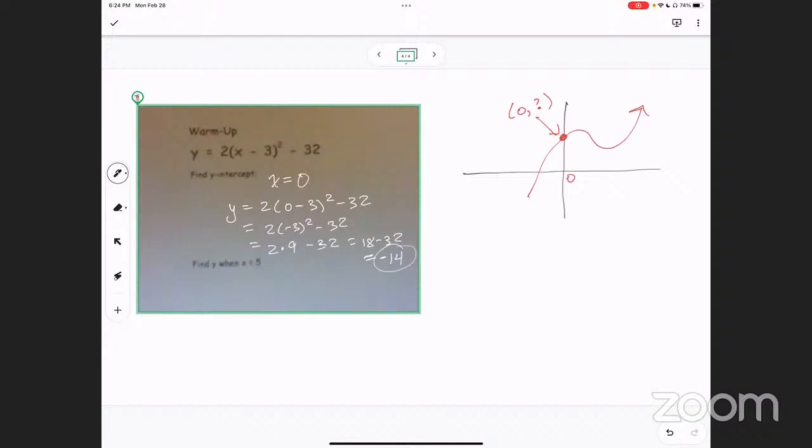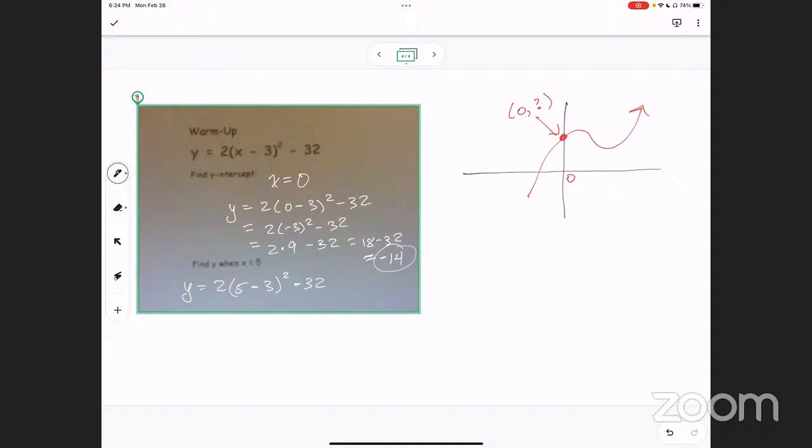So what do I do? You plug 5 in for every x value. That's right. And I only have one x value, so it goes right here. Oh no, sorry, it was 3. My bad.